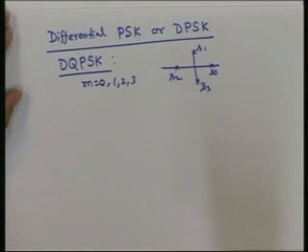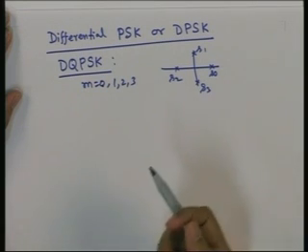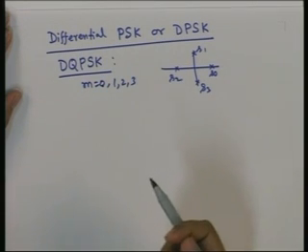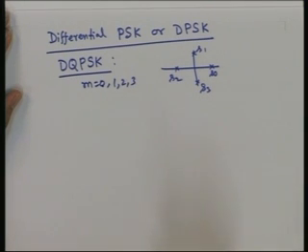Whichever point we transmitted before, we take the next point in the anti-clockwise direction and transmit that point. If we want to transmit 2, we rotate it by 180 degrees and then transmit that point, and so on. So again here, just like in NRZI, what we transmit now depends on what we transmitted before as well as what information we want to transmit.